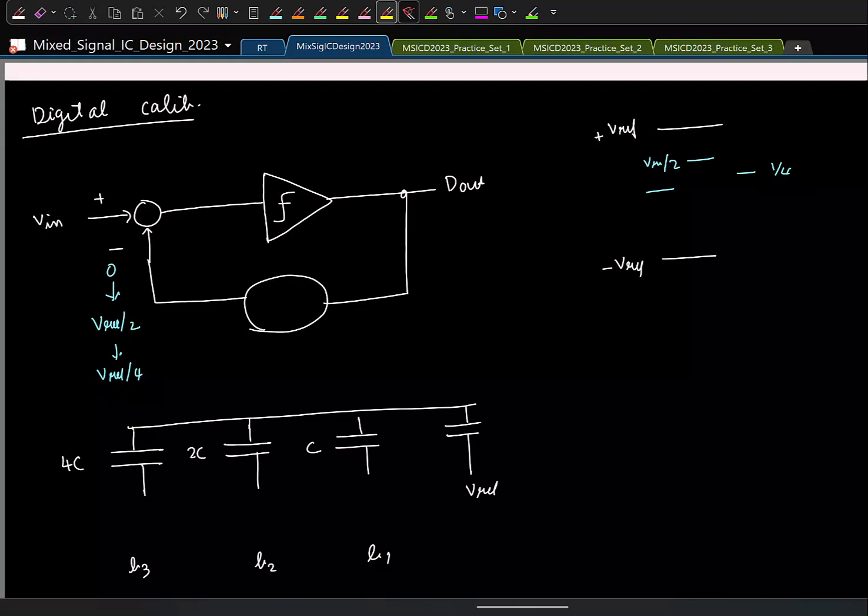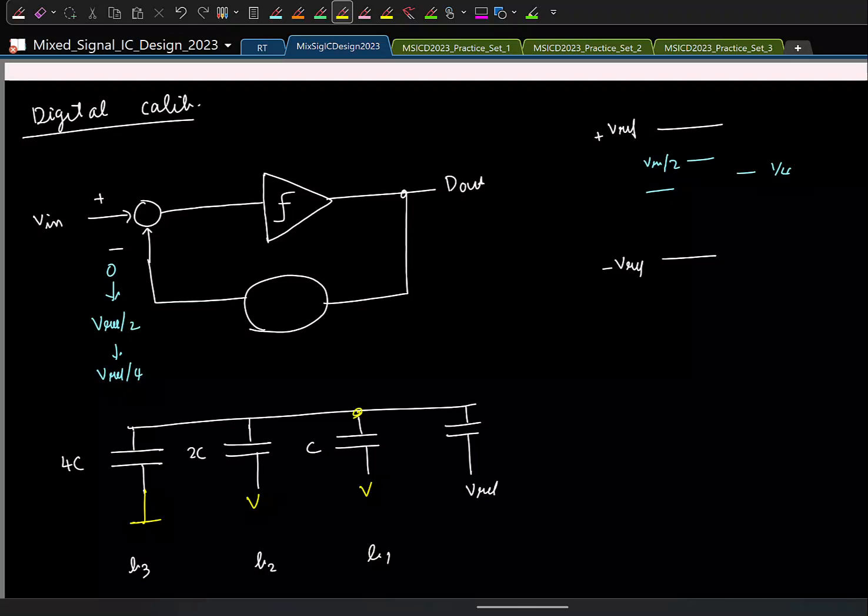Remember that this capacitor is connected to ground depending on this bit. This is connected to ground based on this, and so on. Now let us say I find that this bit is 1. So let's say I start with this, and I make this one 1. I connect this to ground, and the remaining are all at Vref.